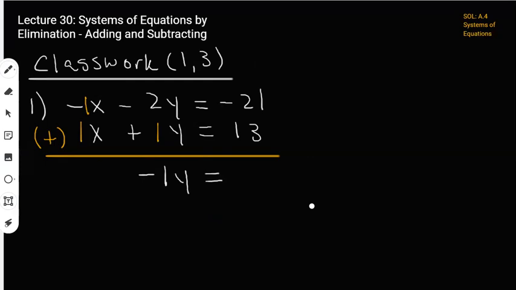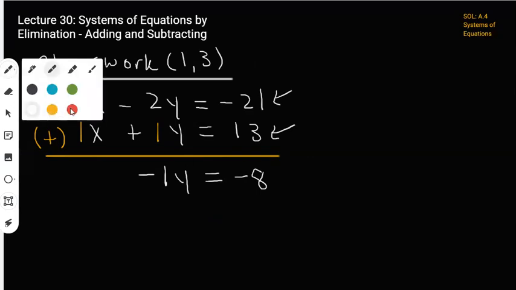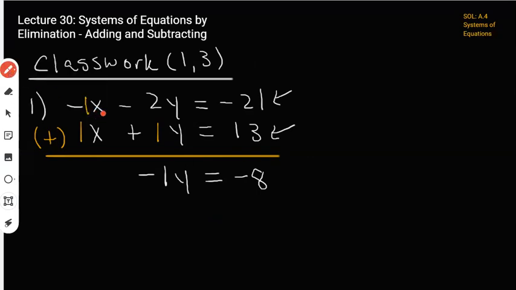The next thing that we're going to do is add the regular numbers on the right side. Over here, I have a negative 21 and a positive 13. If I were to add these two numbers up, I would be getting negative 8. So now we've eliminated the x. Those actually cancel out, so we can cross out the x terms like this.